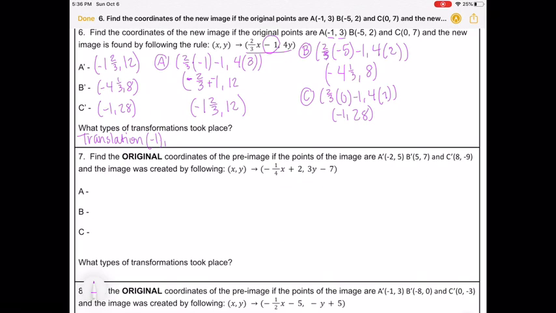Okay, now is there a rotation? So x and y would be flipped, or they would both be negative. Well, that's not happening there, so no rotation. All right, reflection. Either x or y would have a negative in front of it. They don't, so none of that. And then lastly, dilation. So is x or y being multiplied by something? And we do have a 2/3 with our x and a 4 with our y. So that tells us a dilation happened.